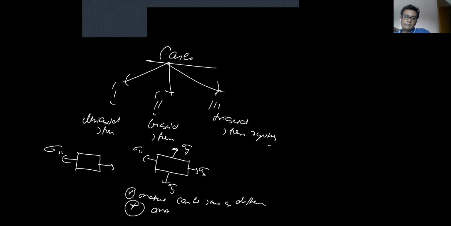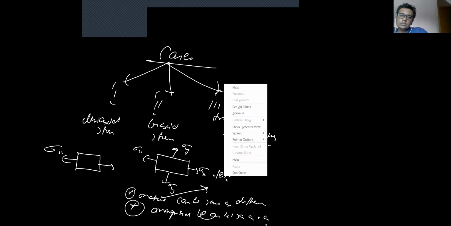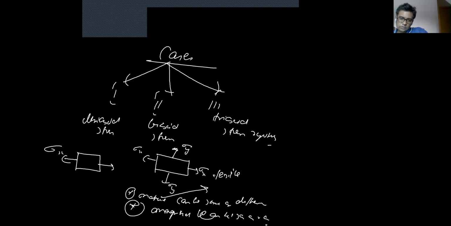Magnitudes can be same or vary, as per your wish. Now what is the meaning of nature here? Suppose it can be tensile and it can be compressive also.